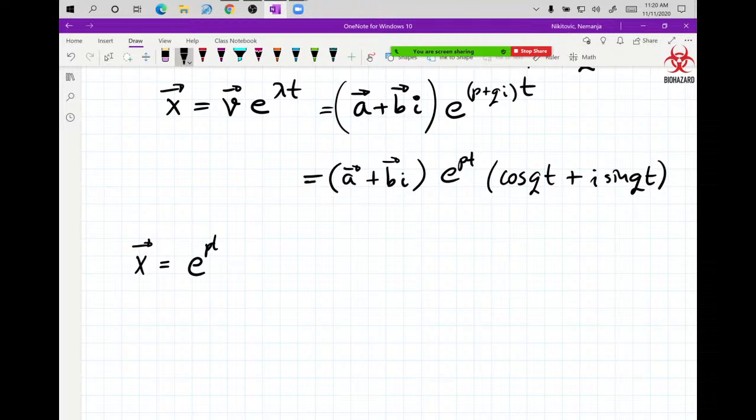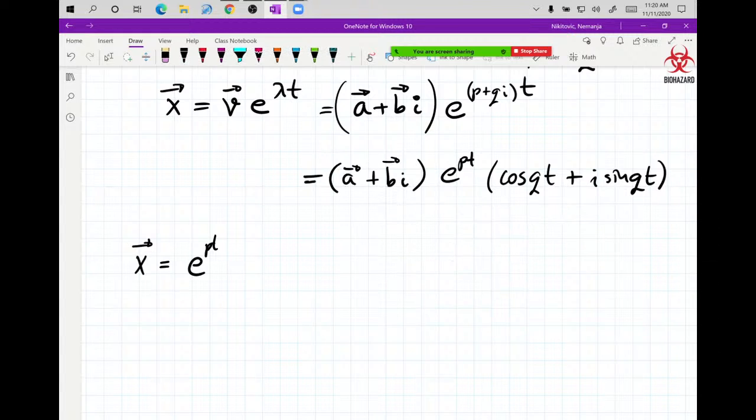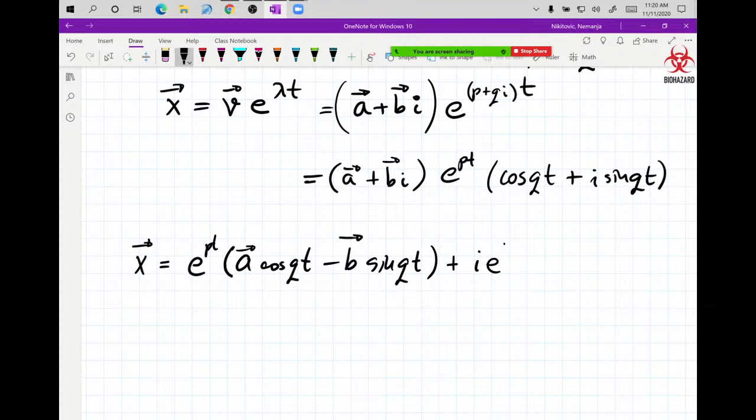And now when you FOIL this mess, you just do basic algebra, and you will get a, which is a vector, cosine qt, minus b, which is a vector, sine qt, plus i, and again e to the pt. I mean, we could have just done this for the e to the pt, but whatever.